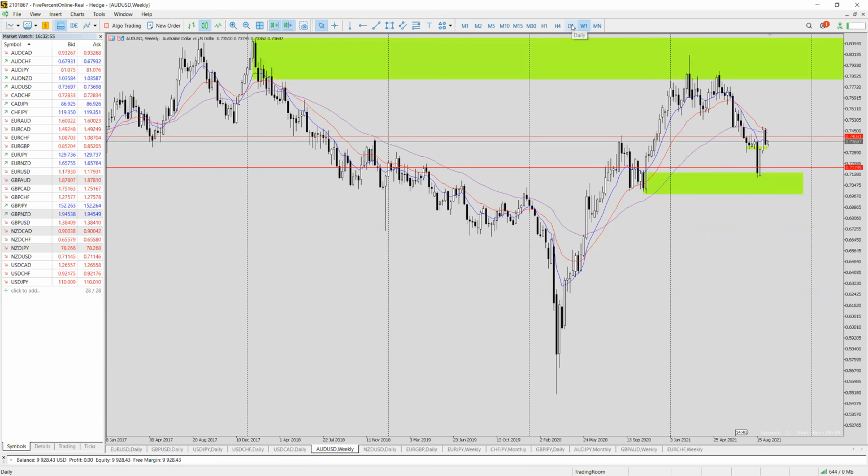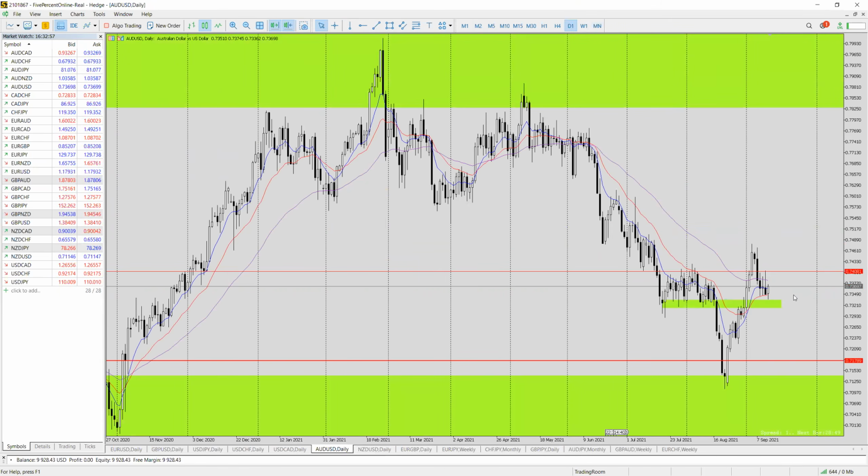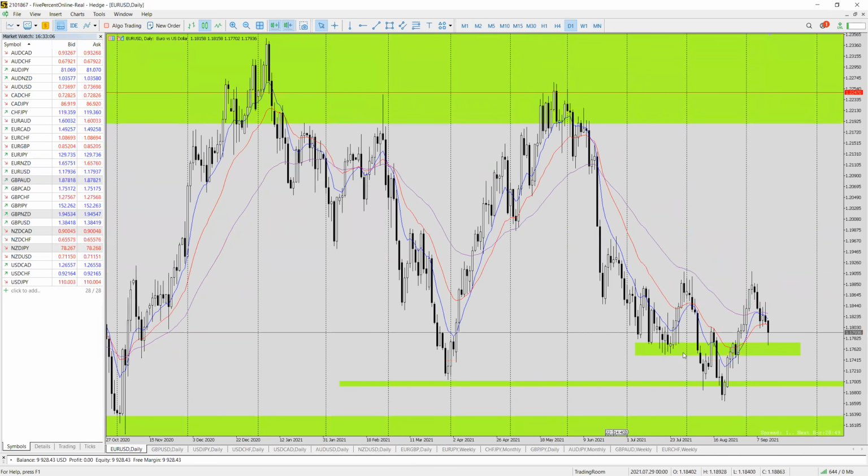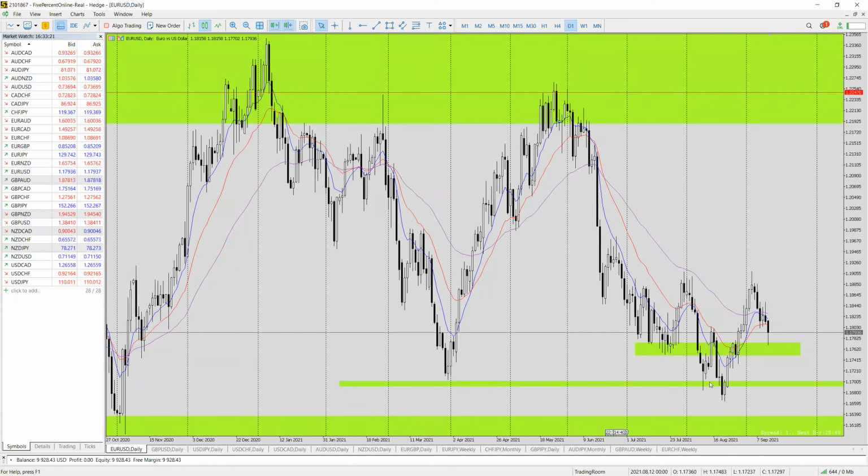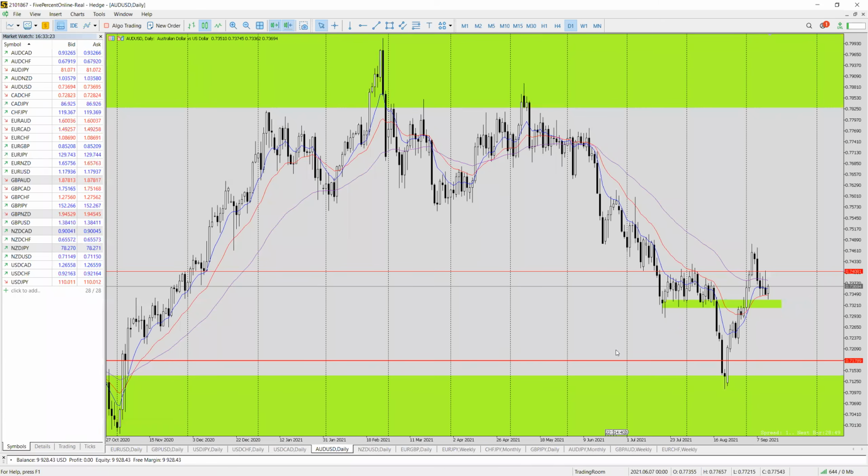As for shorter time frames, daily could find more demand here, just like we saw on euro dollar. I remind you, it's a similar pattern. Euro dollar had demand around here during July, and Aussie dollar also had demand here around July. It broke down, went up again, and now it's retesting this demand zone.